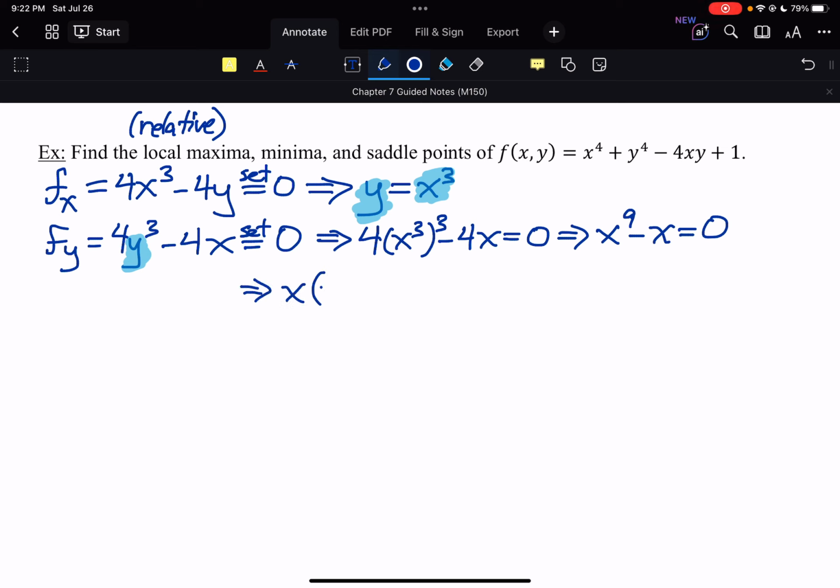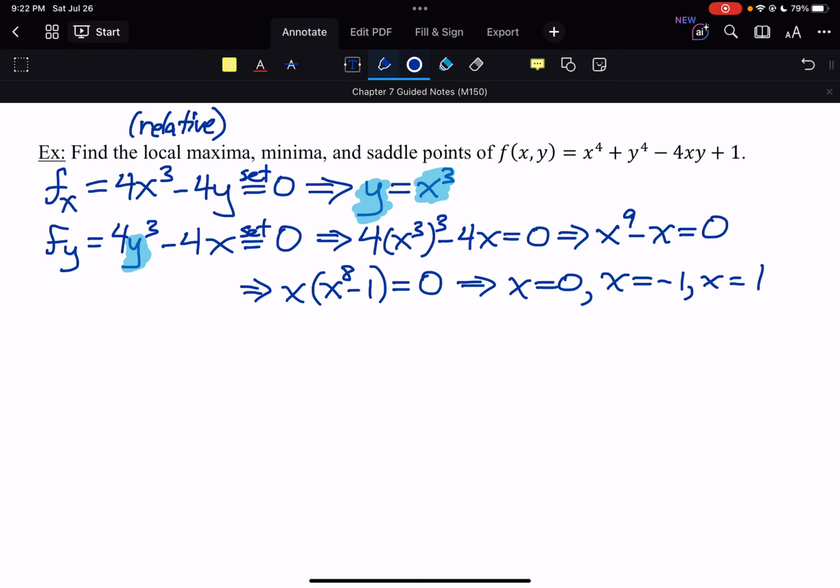So if we factor out an x, and then x to the 8th minus 1, we're going to get x equals 0, and then this one is going to give us a negative 1 and a positive 1. Okay, just like if x squared minus 1 was equal to 0.